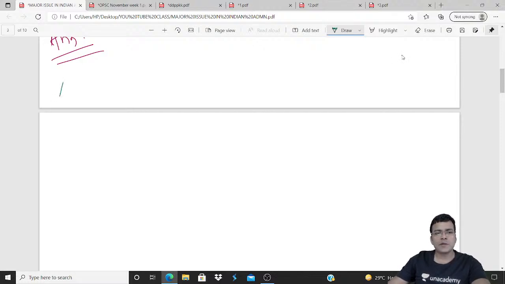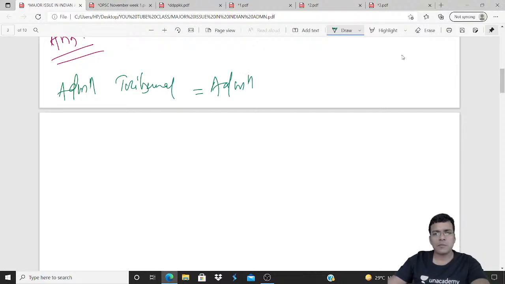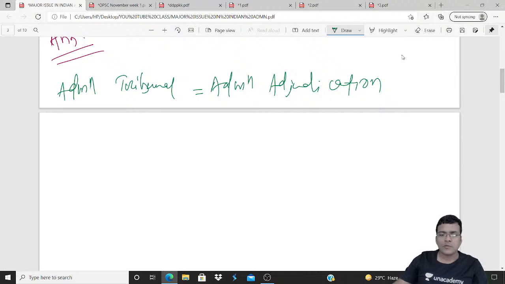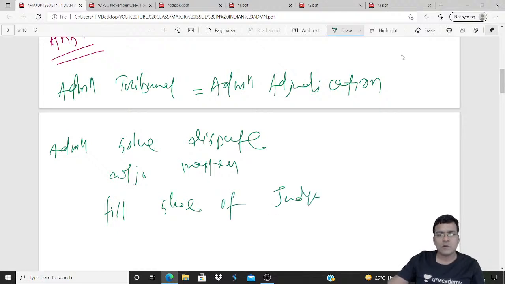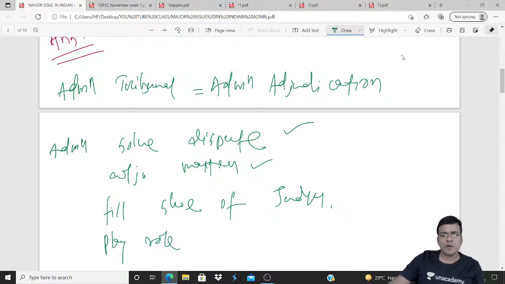Okay, so administrative tribunal, remember, is nothing but the concept of administrative adjudication. So what is administrative adjudication? When the administration solves disputes, adjudicates matters, and decides issues like judges, it plays the role of judiciary.